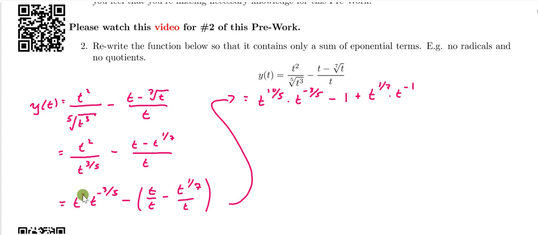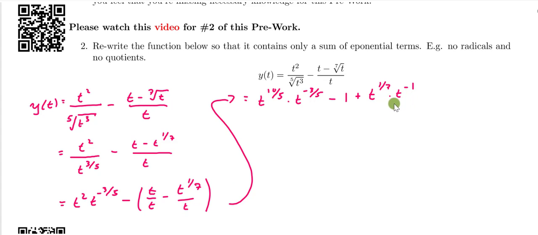So I did a lot in this step. First of all, I rewrote t squared as t to the 10/5. I just carried over this factor right here. Then I went ahead and distributed this minus to both terms in the parentheses here. So this becomes the term minus t over t, which reduces down to 1. And this becomes the term minus a minus t to the 1/7 over t. And I rewrote that t in the denominator as t to the minus 1 there.